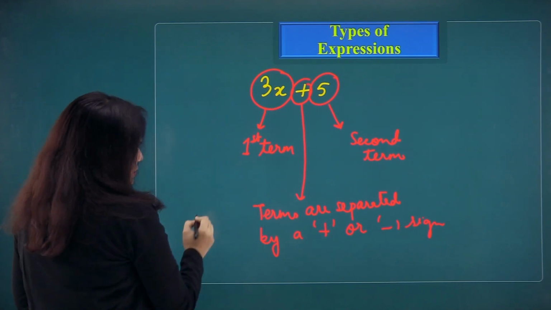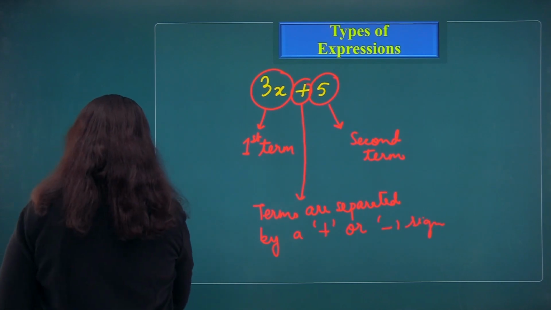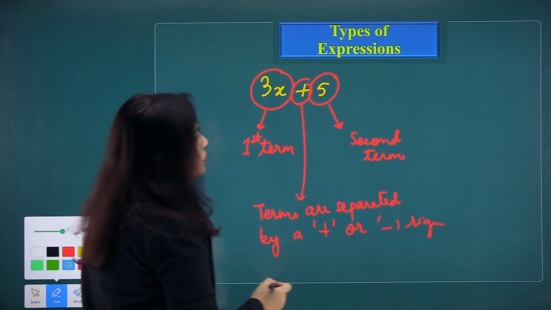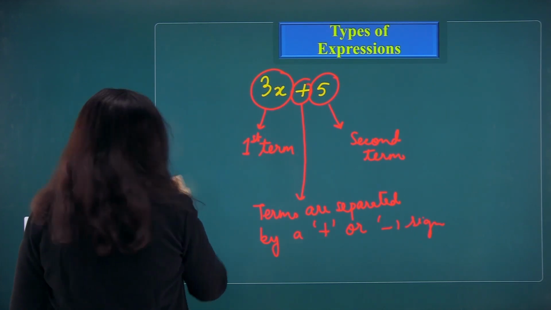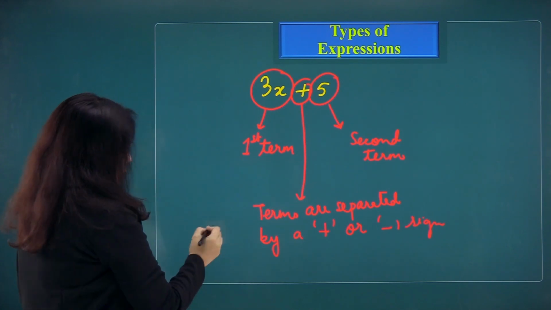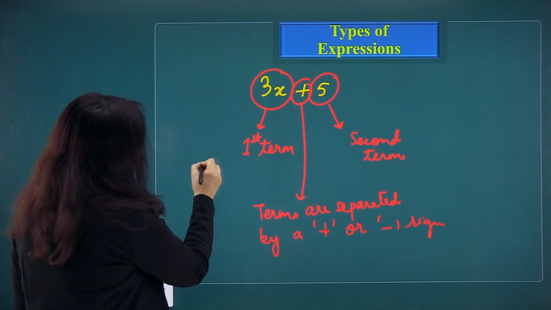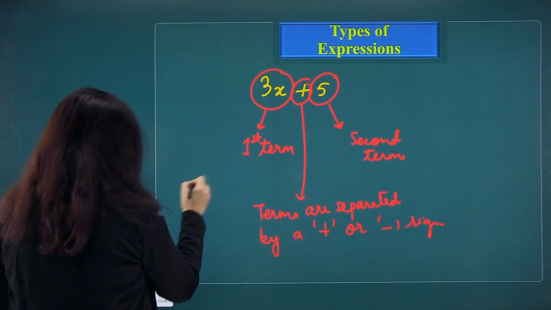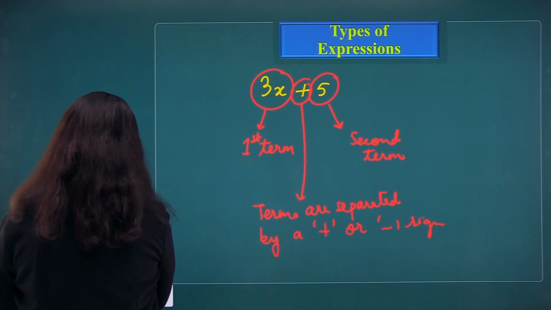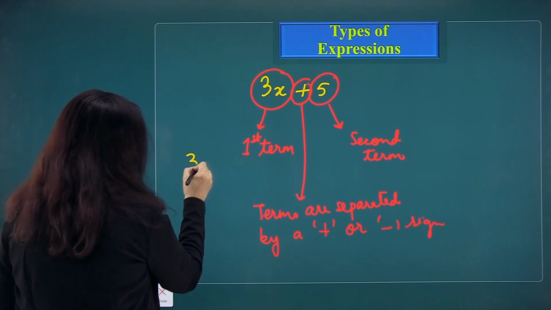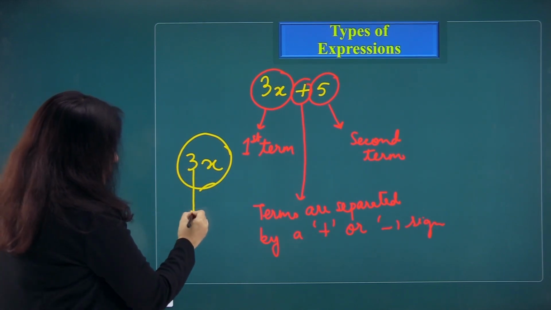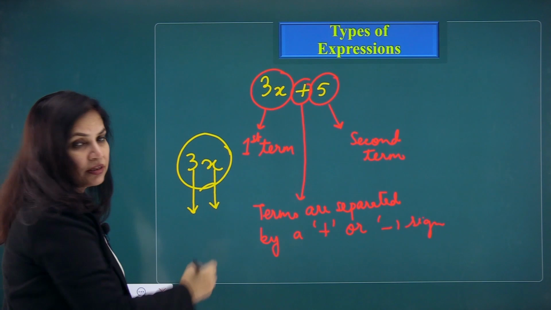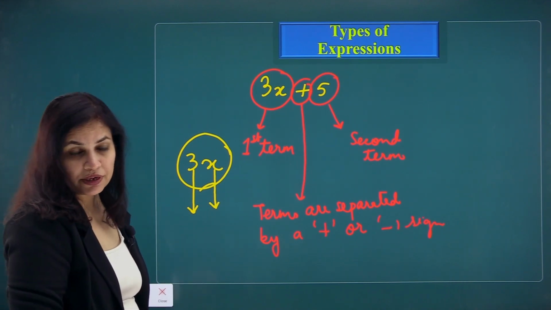In 3x, this 3 and x, they are not separate terms.